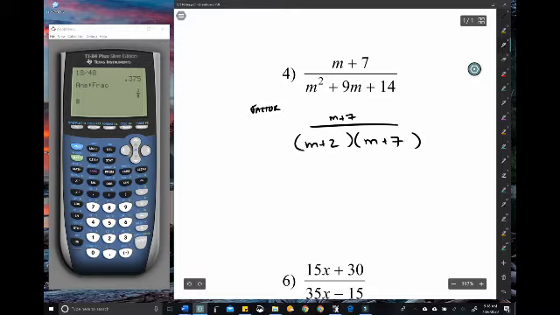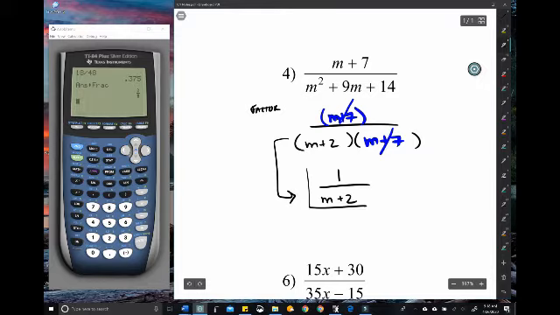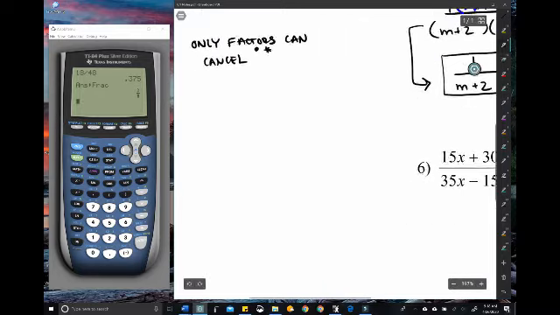Okay, so the factors won't be anything too challenging. Now, since both of these are being shared, they can cancel. That's going to leave you with 1 over m plus 2. Okay, there's typically always a placeholder of 1 out front there. So key idea is to factor and then cancel things out.